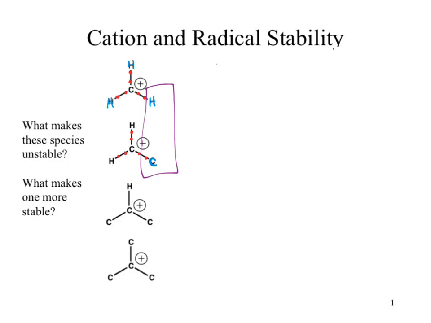Well, how many more electrons? Let's start to actually quantify this. How many electrons does carbon bring in? I'll accept that. How many electrons does hydrogen bring in? 1. So if we did that comparison, which of those two cations would be more stable? The bottom one with 4 or the top one with 1?